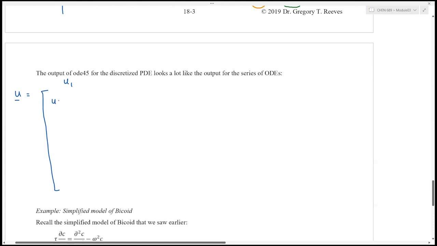So the first element is U evaluated at t1, x1. The next element down is U evaluated at t2, but it's still the same spatial point x1. Dot, dot, dot. And then the very bottom of the array will be U evaluated at t final, x1.